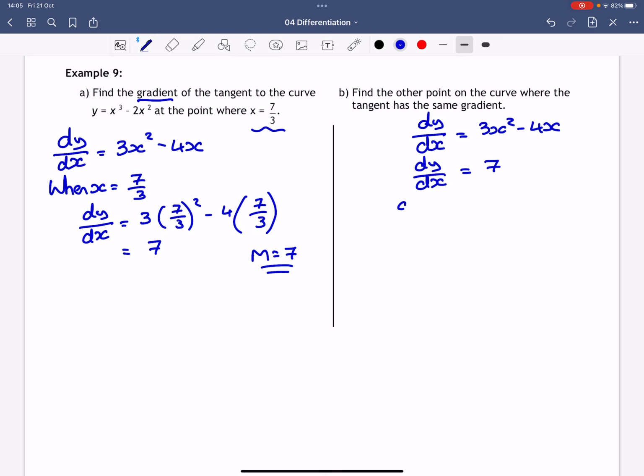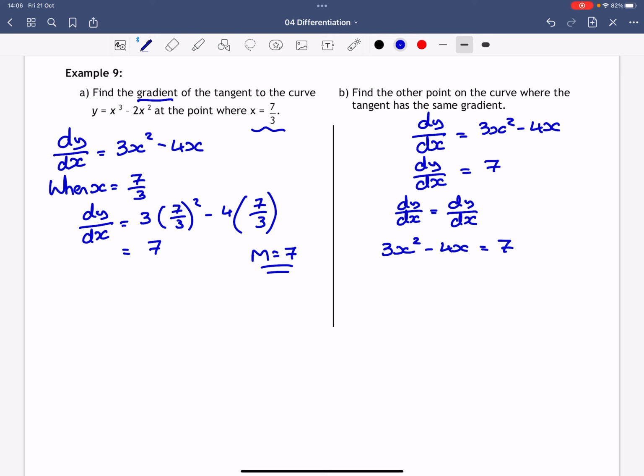So all I need to do here is dy by dx equals dy by dx, and make the equation that says 3x squared minus 4x is equal to 7. Okay, because I want to find whenever we have the exact same gradient to this curve. So match up my gradients, 3x squared minus 4x and 7.